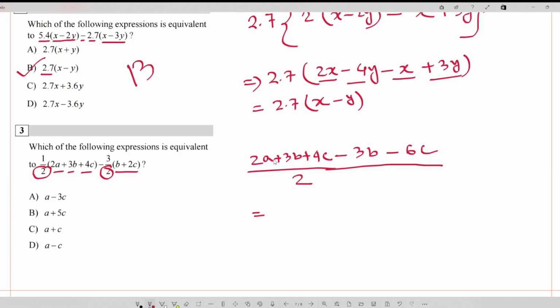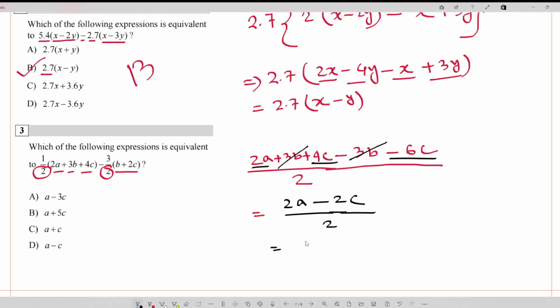Now look, here is 2a, so here is no other a. Just we can write, look, here is 2a, 2a plus 3b minus 3b cancels out, minus 6c plus 4c, it will be minus 2c, divided by 2.